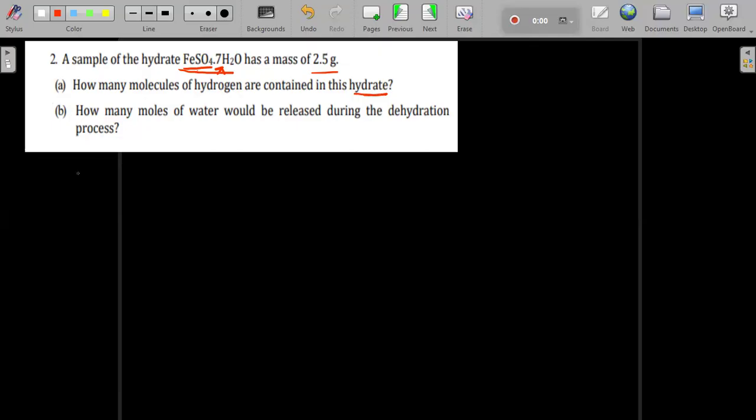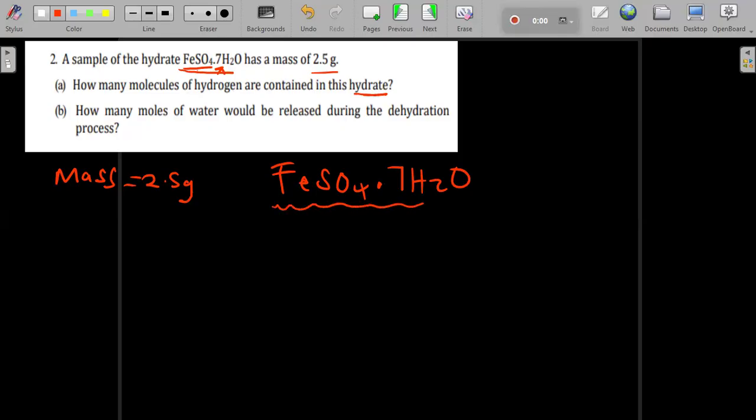So let's first of all write the mass of the hydrate that will be given, which is just 2.5 grams. And then let's write the formula of the hydrate, which is just FeSO4 and then 7H2O. All right, so for us to find the molecules contained in this iron sulfate, we just look at the number that we have here.